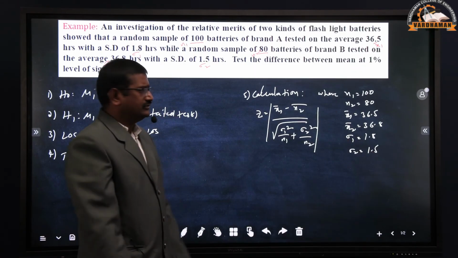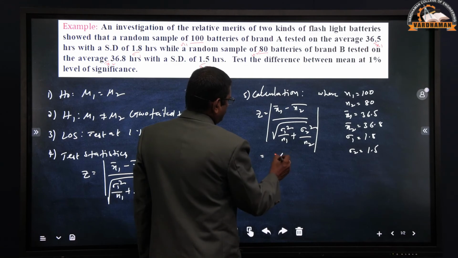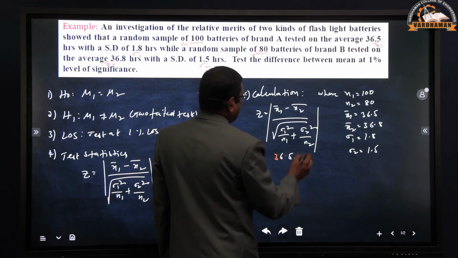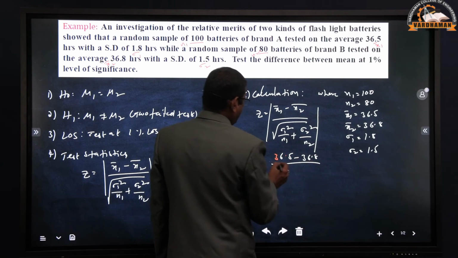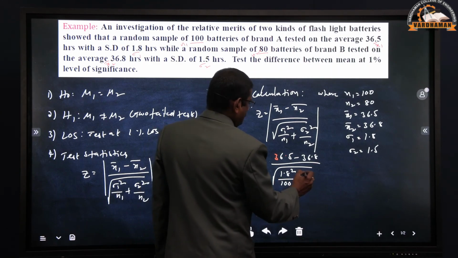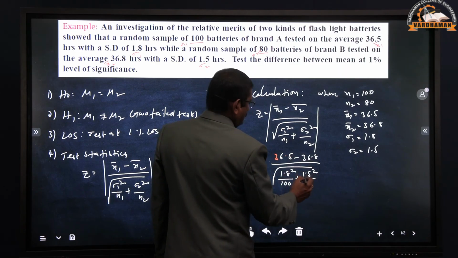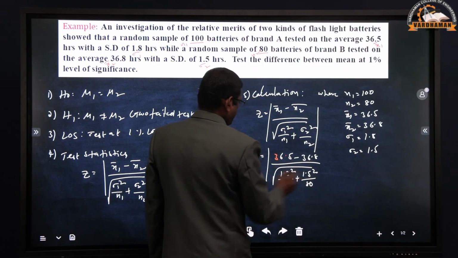So all these values we can substitute in this formula, that is 36.5 minus 36.8 divided by under root 1.8 square divided by n1, 100, plus sigma 2 square, 1.5 whole square, divided by n2, 80, modulus.